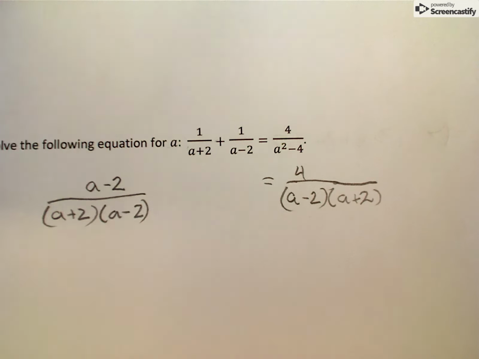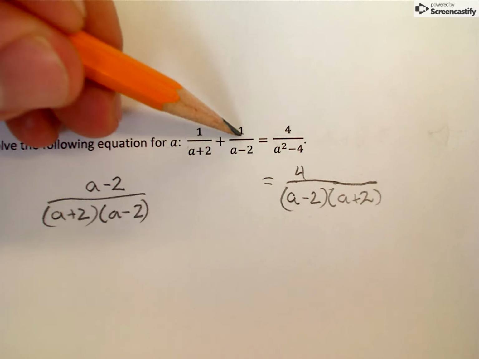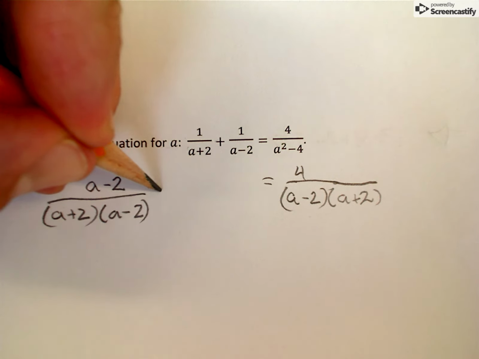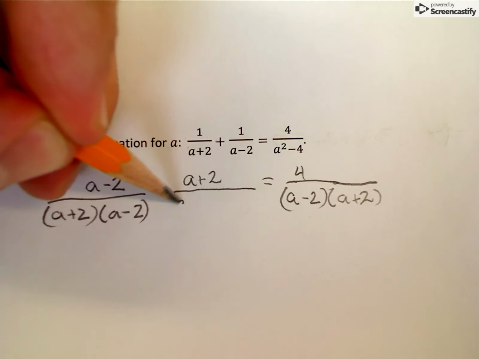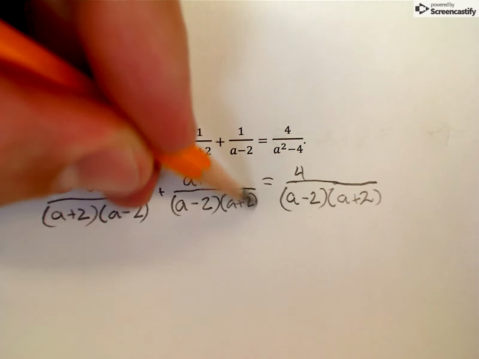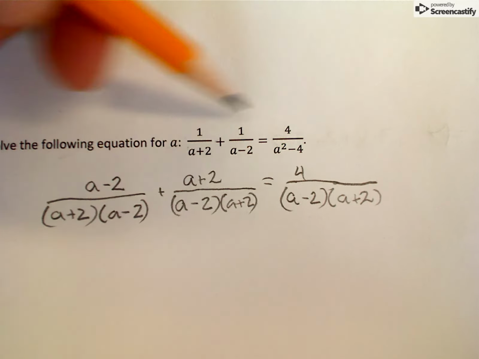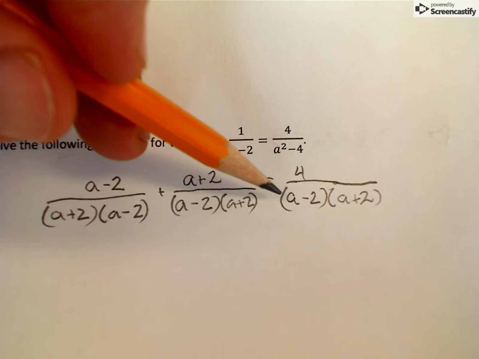And it looks like this. And the second rational expression on the left-hand side, I can multiply the top and the bottom by a plus 2. So that looks like this. Now, all three of the rational expressions that make up my equation have the same denominator.